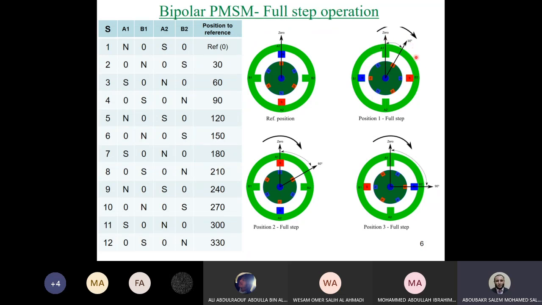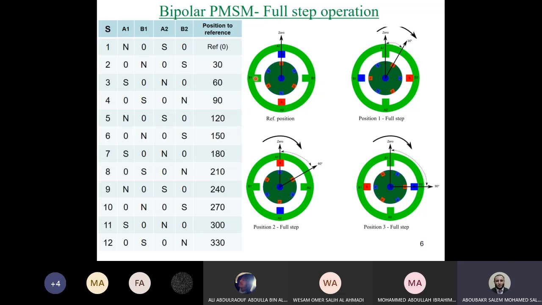As you can see, the rotor is coupled from two sides. Similarly, the rotor can continue to move another 30 degrees when we continue in the same direction. We start from step number 1, where N was here, and in the second step N moves to B1.